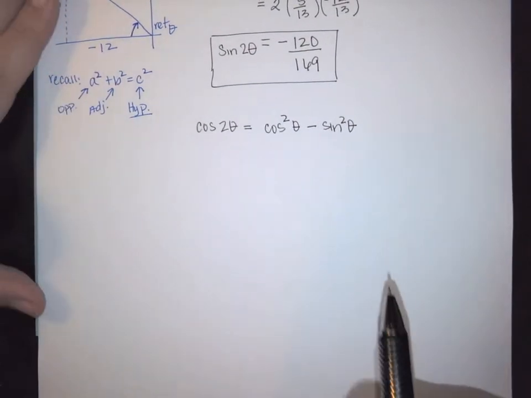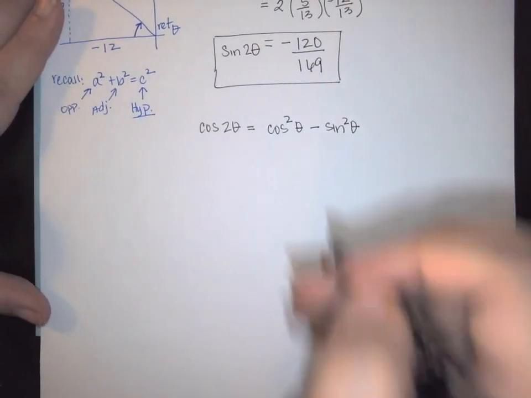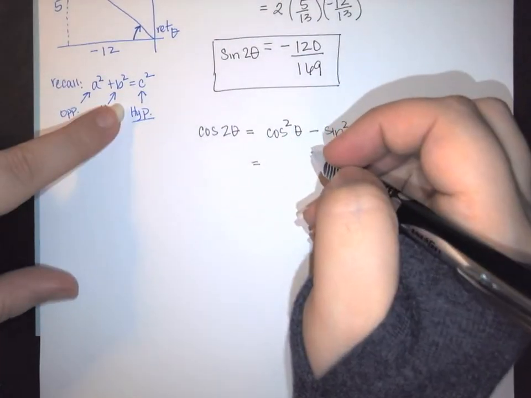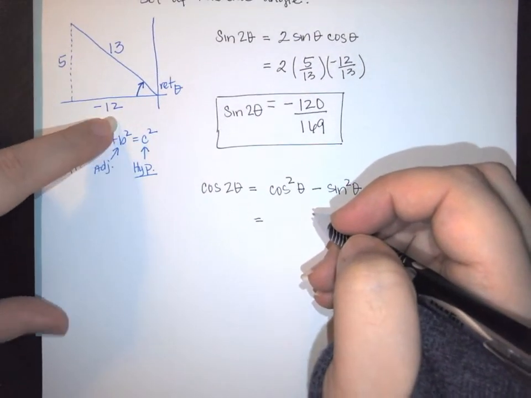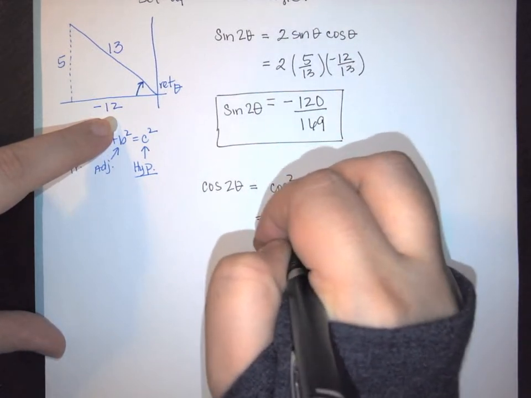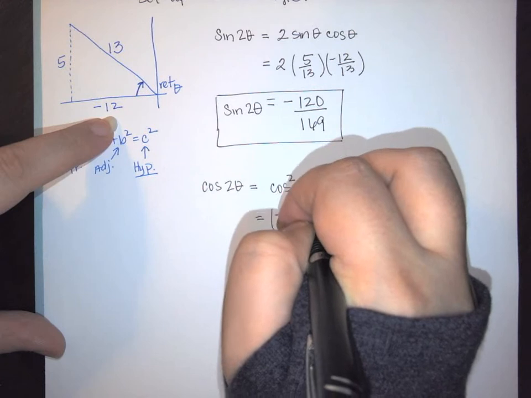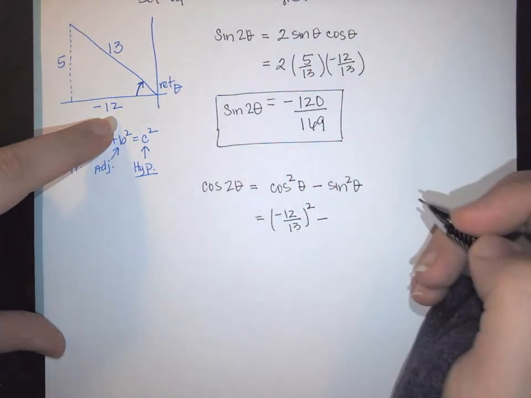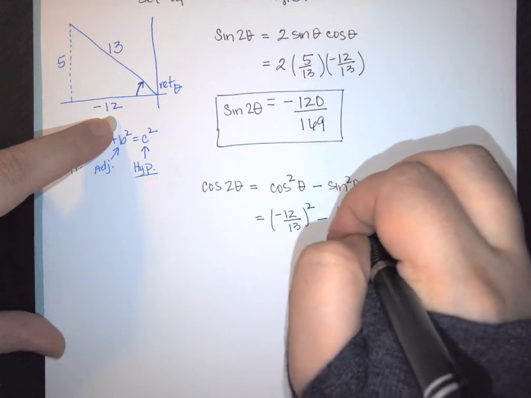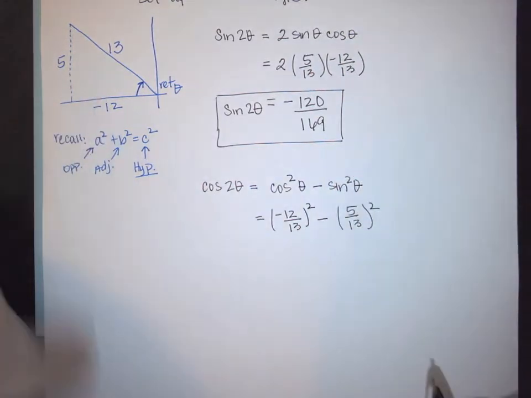And so in this case, what we're actually going to do is take the cosine of theta. So again, this is going to be adjacent over hypotenuse, so -12/13, and we are going to square it. And then subtract the sine. So in this case, this is going to be 5/13, and again, we're going to square it.